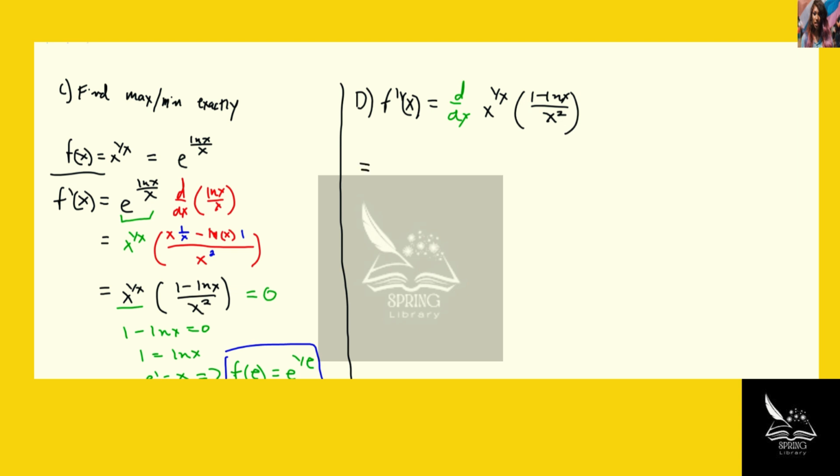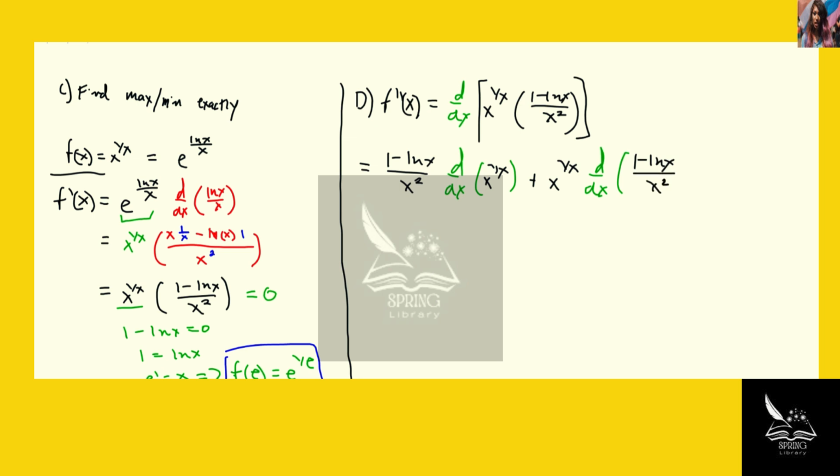So I'll go ahead and do it in this order. So 1 minus natural log of x over x squared times the derivative with respect to x of x to the 1 over x, plus them in the opposite order, so x to the 1 over x times the derivative with respect to x of 1 minus natural log of x over x squared.